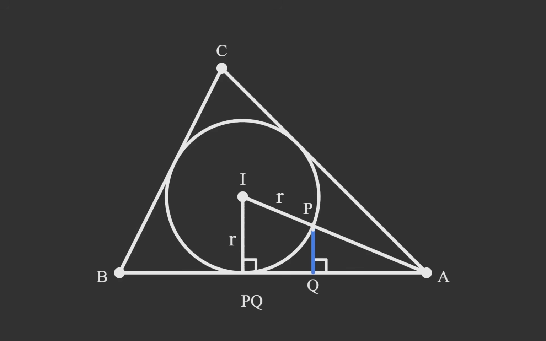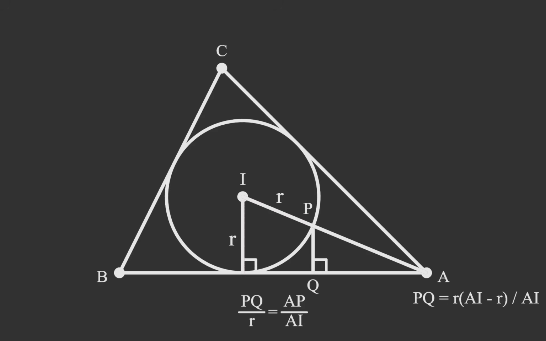So PQ over R, where R is the in radius, equals AP over AI, where I is the incenter. Because AP is just AI minus R, PQ equals R times AI minus R over AI.